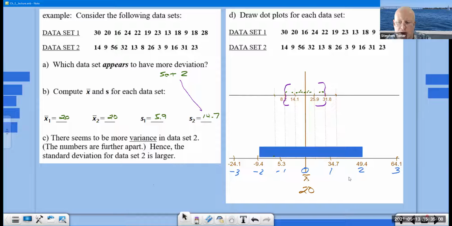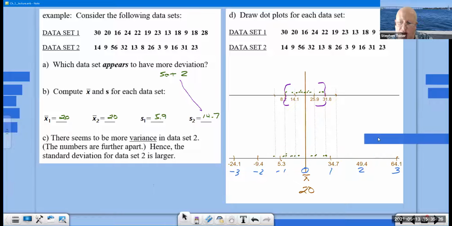And in blue, you can see I wrote the 0, 1, 2, 3. 0 is center. I went 1, 2, and 3 standard deviations to the right, 1, 2, and 3 to the left. And when I went to the left, I gave them negative values there. And then what I did to illustrate the deviation was I drew in all the dots for the second data set. And based on that second data set, do they all lie within 2 standard deviations?